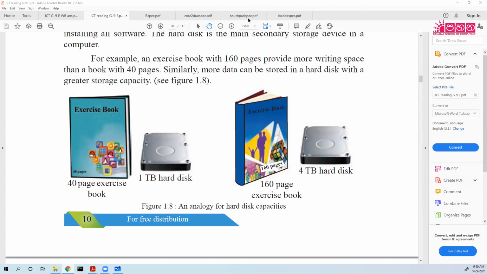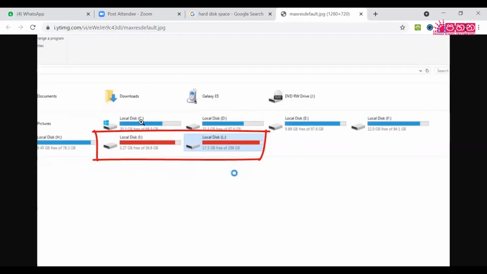This is an example I have seen on the web. In this machine, we have hard disk partitions named C, D, E, F, H, I, L. Normally you have one hard disk, but there are multiple partitions, so they are labeled like that.